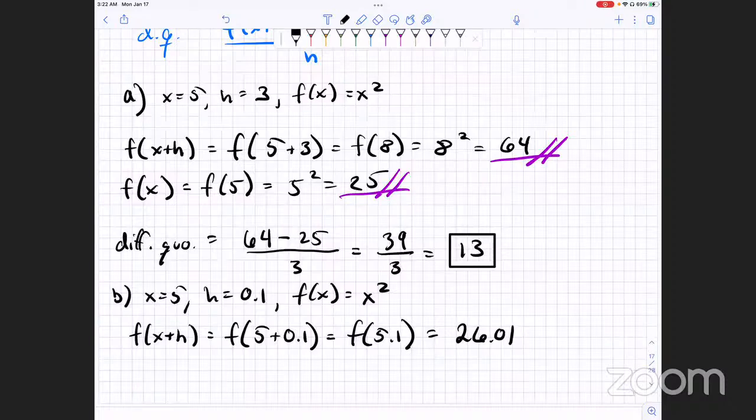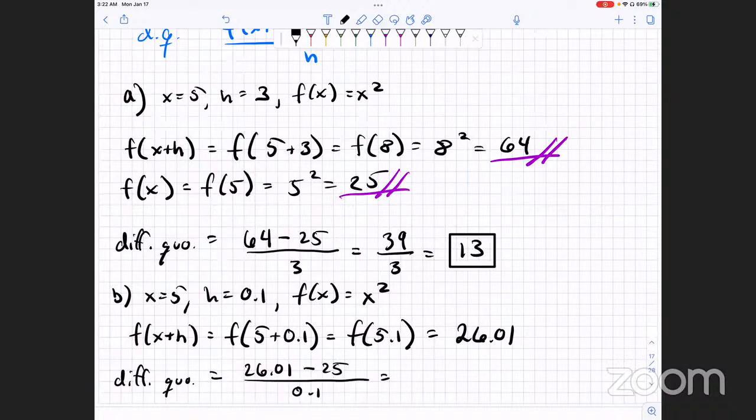And then we want what f of x? We know f of x, okay, just for the sake of space. And then I think we have h as well, so then we can go ahead and evaluate our difference quotient. Okay, that's going to be x plus h, which is this 26.01, minus f of x, which is 25, over h, in this case is 0.1.